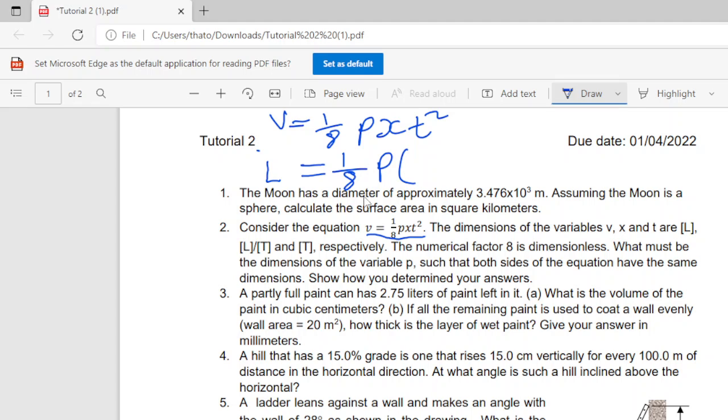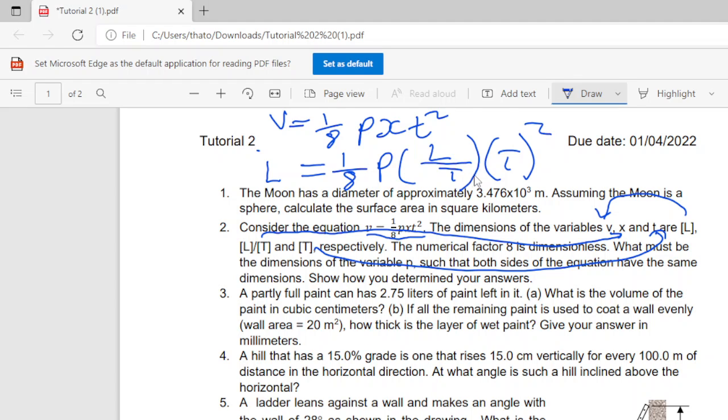X is given as l over t, because l is for v, then this is for x, then t is for t. So we replace x as l over t, multiplied by t squared. The dimension of t is t, and because t is squared, we put that square there.